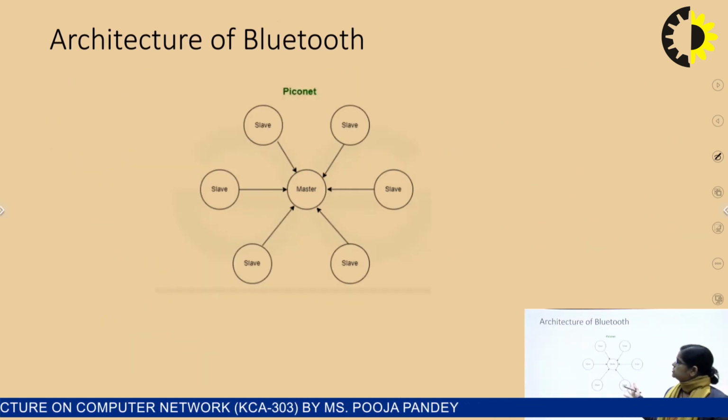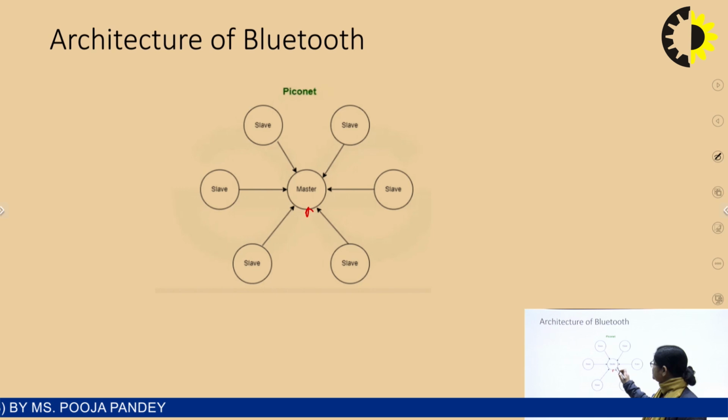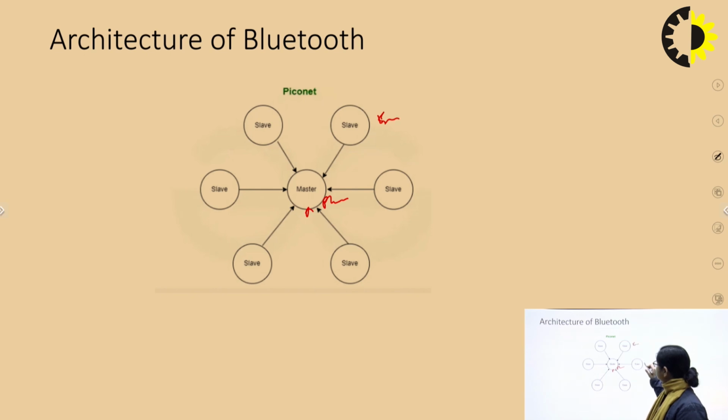Now, this is a diagram of the piconet that I was describing in the previous slide. This one is a master, you can say this is your phone, and these all are the slaves. So this is your speaker, your headset and other things which you want to connect with this master.